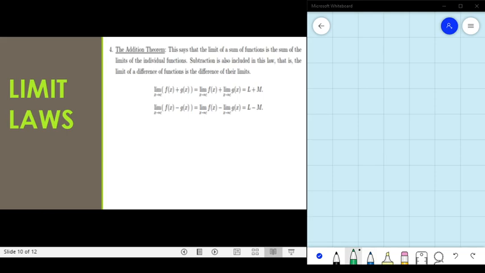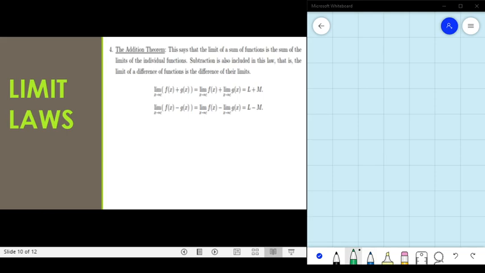So meaning, we're going to find the limit of f of x plus g of x as x approaches c. So in this case, we are going to find the limit first of f of x as x approaches c, then to be added to the limit of g of x as x approaches c.